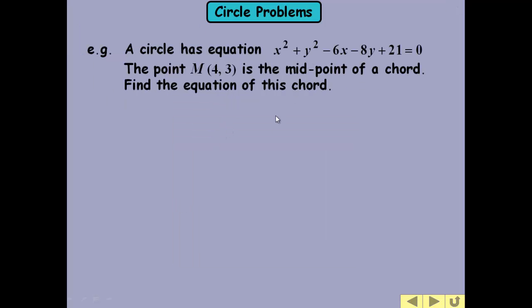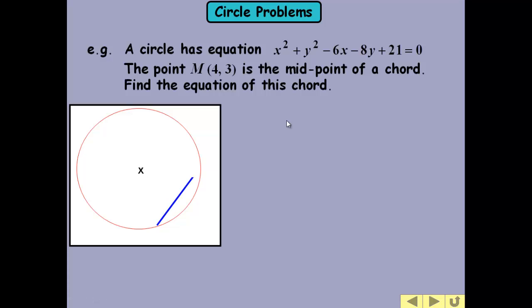So we're going to try and find, well, this is the midpoint of a chord, so we're going to find an equation of the chord. Well, to do that, if we draw first, as we've done before, write on the points, well, we know that that midpoint there is 4, 3. The other information we're going to have to get from here.